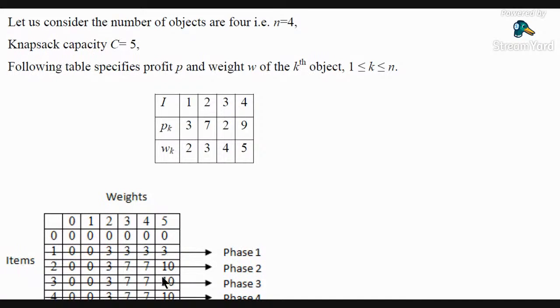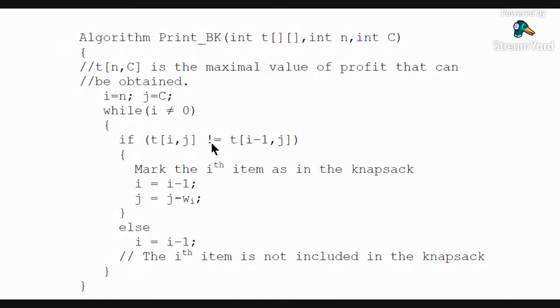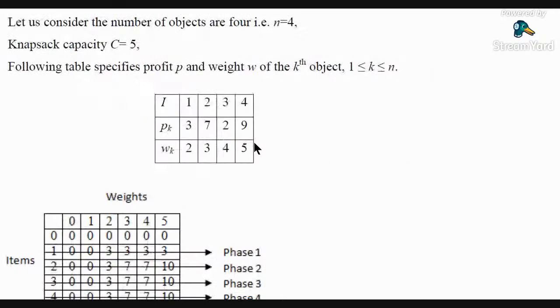Now I need to decide which object I have included and which object I have not included. So for that we need to check this. First of all, we will see if T[i][j] is not equal to T[i-1][j]. Now here we can see T[i][j] is 10, T[i-1][j] is also 10. It means that we have not included the fifth object. Thus i is reduced. Then this 10 is compared with this 10. It means that we have not included the fourth object. Then once again i is reduced.